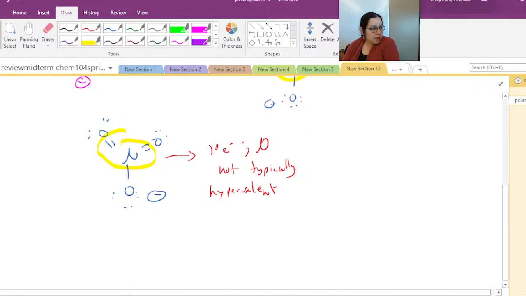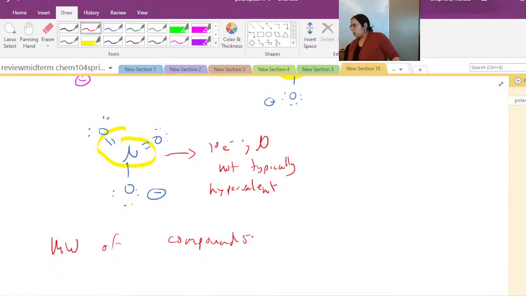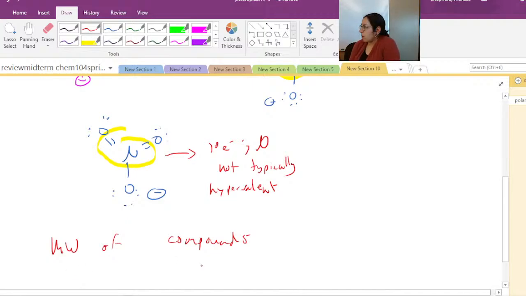All right, I think that pretty much covers it. The only thing that we didn't review was solving for molecular weights of compounds. I think you're given some formula or maybe asked to name it and then solve for the molecular weight. So again, just adding everything up.